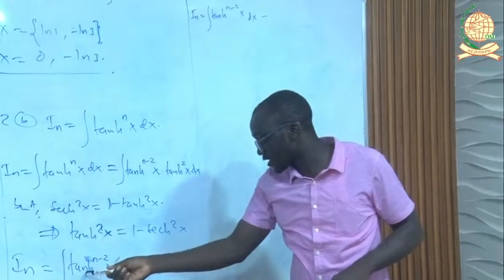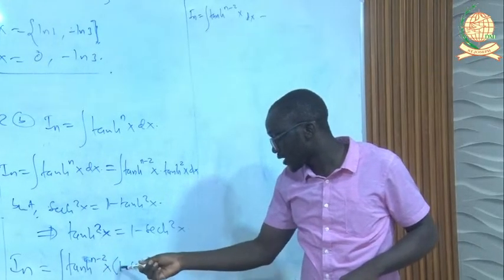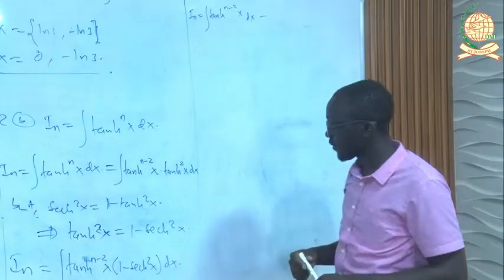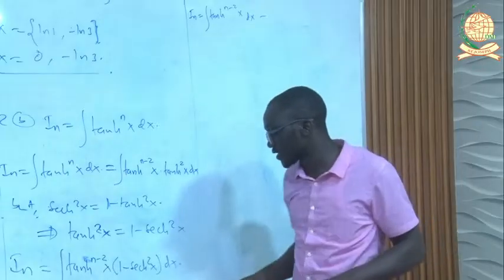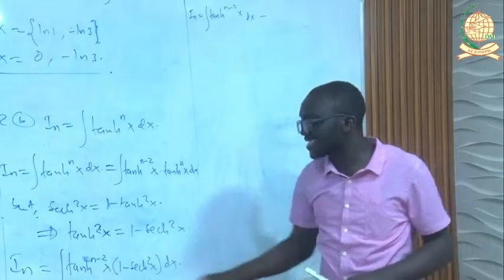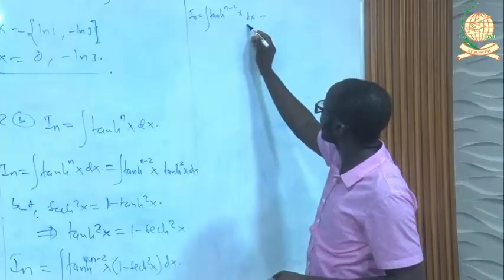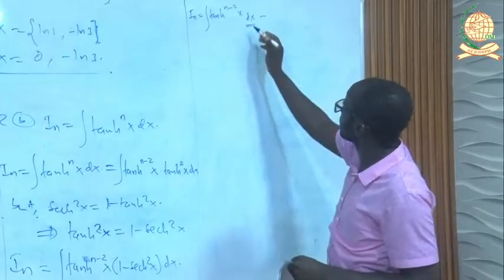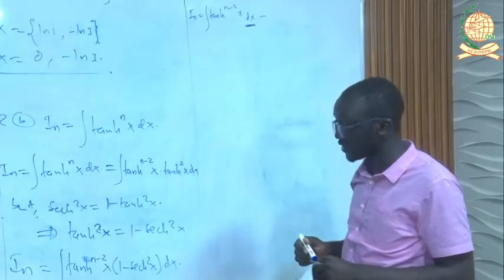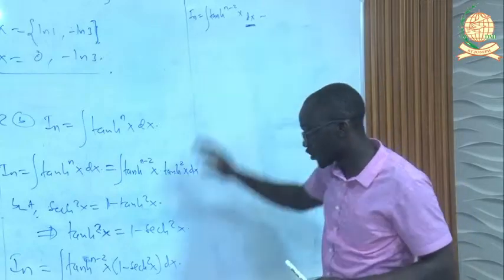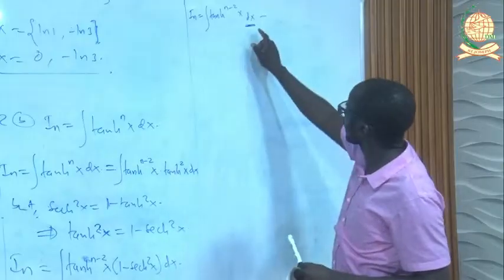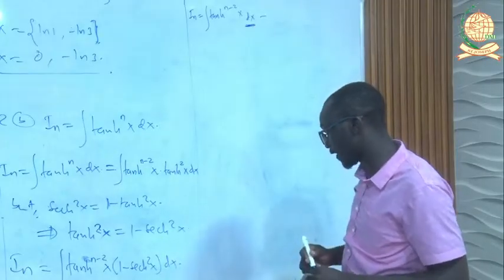Multiplying tangent n minus 2 x times 1 is going to be just tangent power n minus 2 x, but this term is going to be tangent power n minus 2 x times sec square x. You don't have to forget this dx. This is very important. This is what tells what you are integrating with respect to. So dx means we are going to integrate with respect to x. So opening the bracket, make sure you don't forget this term dx, differential of x.